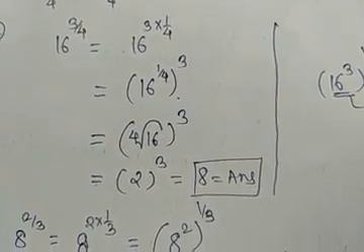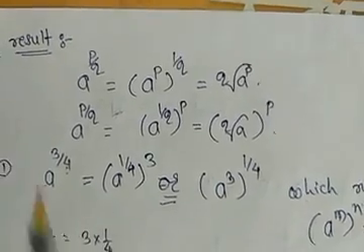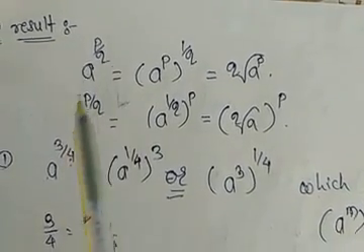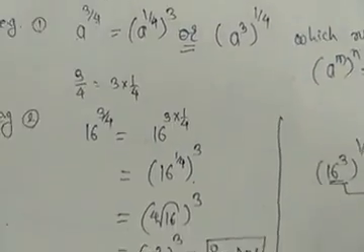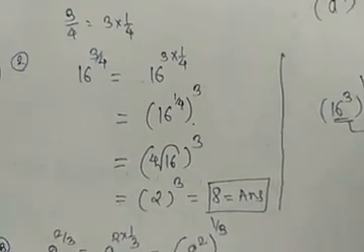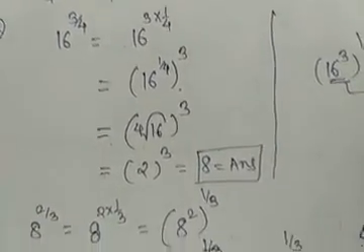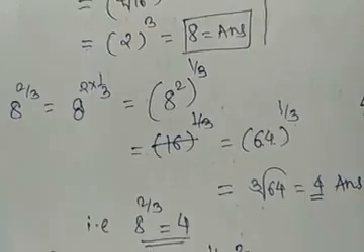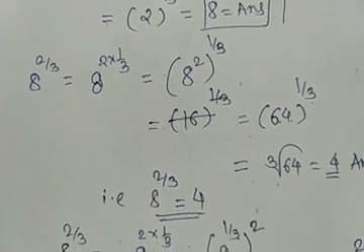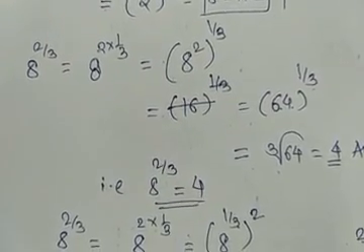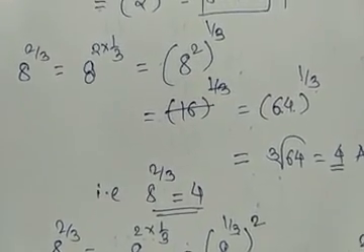Okay, so this is our final result, and these are the examples related to our final result. Okay, now we stop here. We will see examples related to all these rules in our next unit, next period.